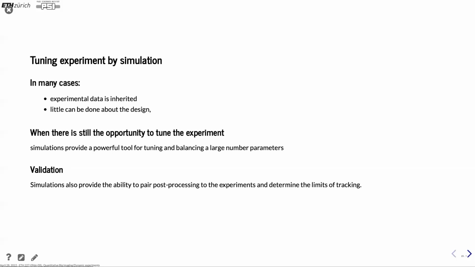Simulations can also be used for tuning, to find a sweet spot for the experiment conditions. And of course, simulations are also good to validate and test your algorithm to see what the limitations of my analysis methods are.